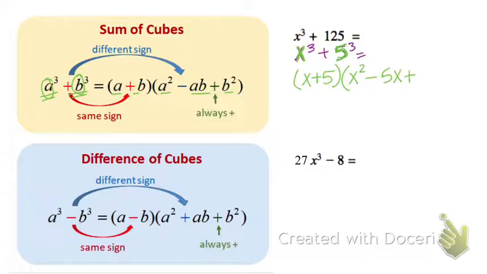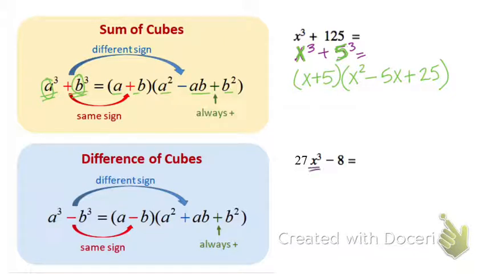So B is 5, so B squared is 25. And there we have it. We have changed that X to the third plus 125 to a multiplication problem. We have factored it.